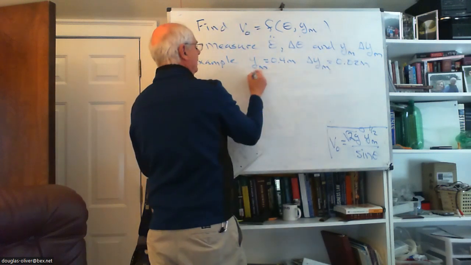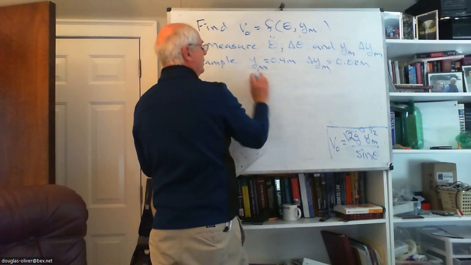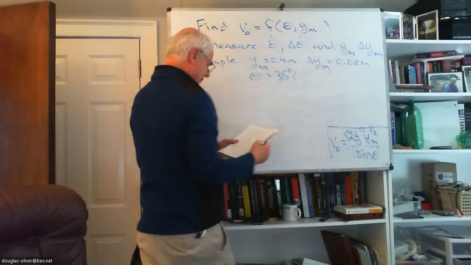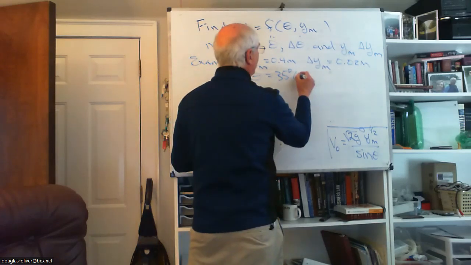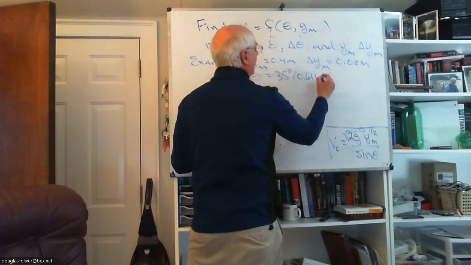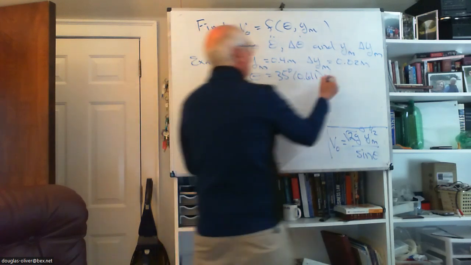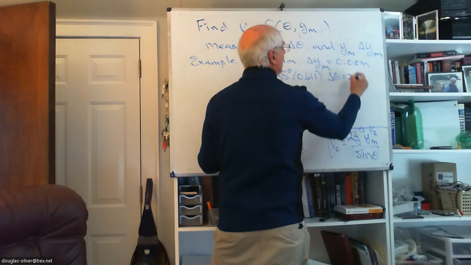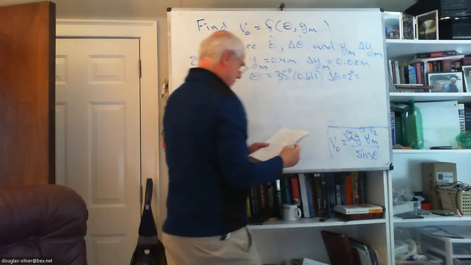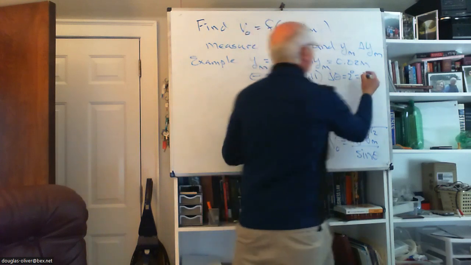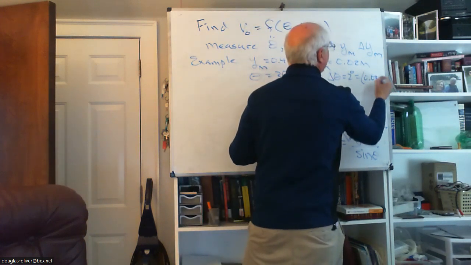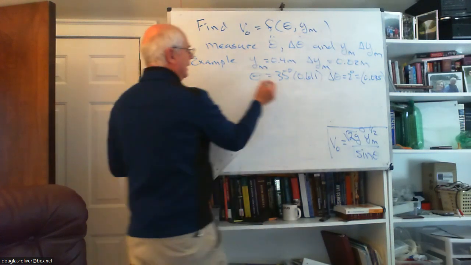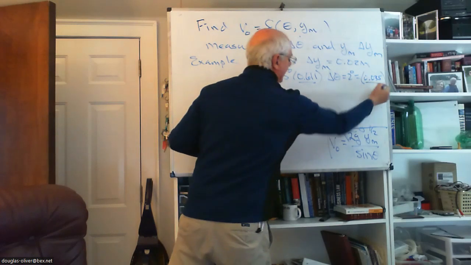And we have an initial angle, theta, of, let's say, 35 degrees. Convert that into radians: that is 0.611 radians. There are no units on radians. And delta theta is 2 degrees, which is 0.035 radians.